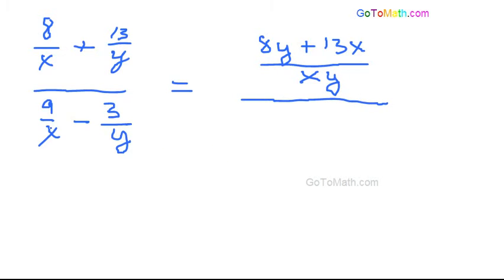Okay, so we do the same thing over here. So 9y minus 3x, right? And that's all over x times y. That didn't quite look like a 9 there, does it?